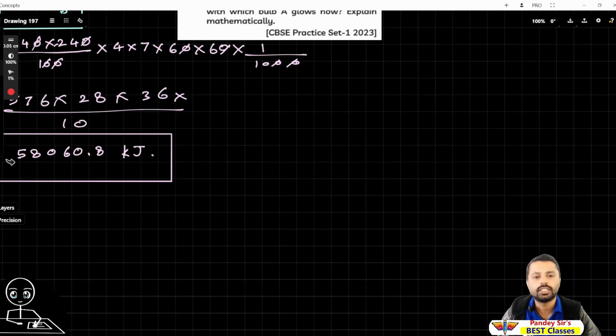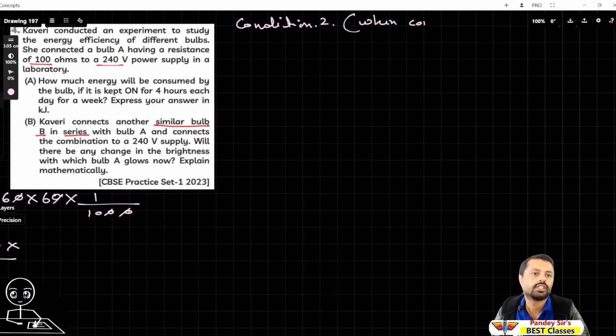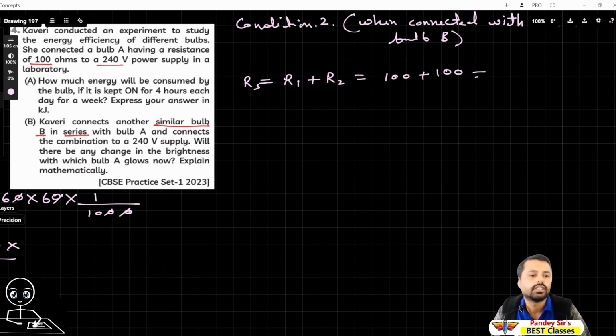Now in condition 2, when connected with bulb B, let's first find R and then power. R of series equal to R1 plus R2, that will be 100 plus 100, that will be 200, and then everything will be the same.